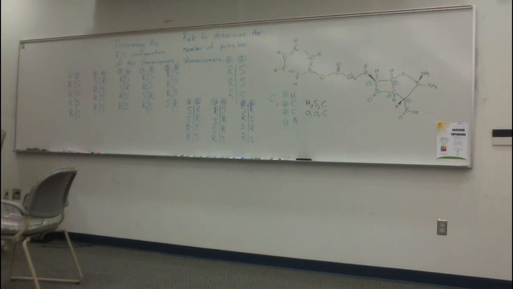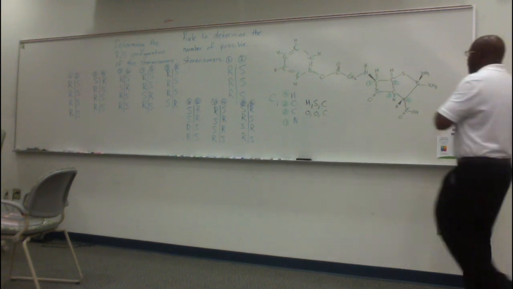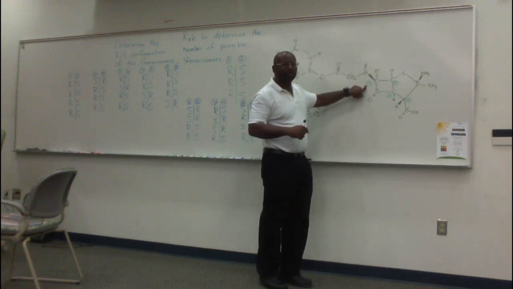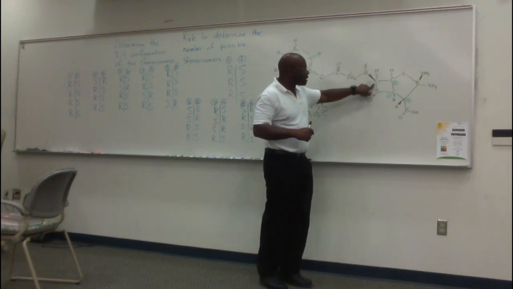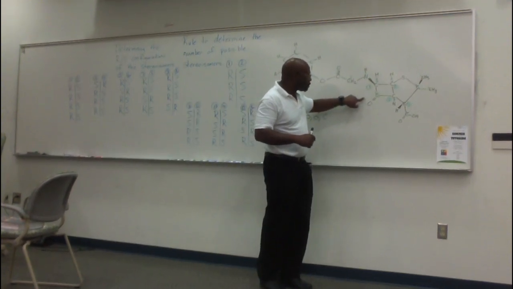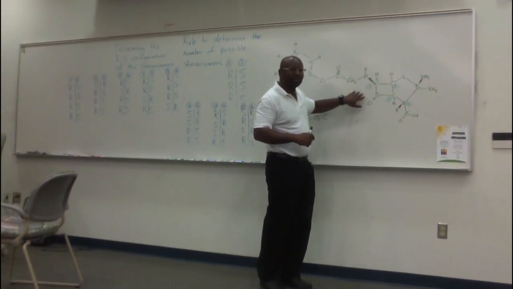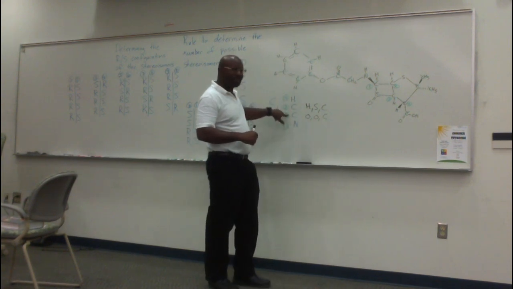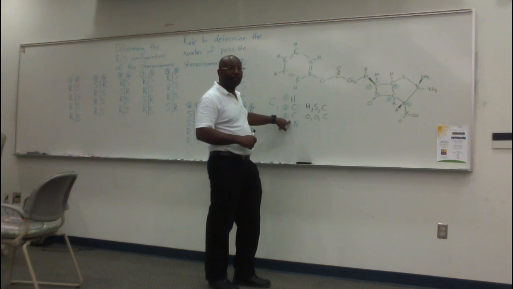First, number 2, under N. We got N, we got the carbon. Which one are you referring to? You're talking about this one? Mm-hmm. Why are you worried about that?